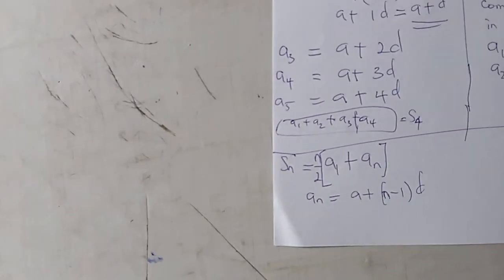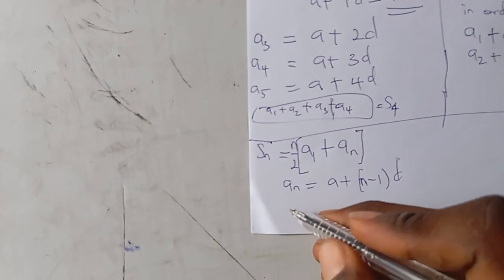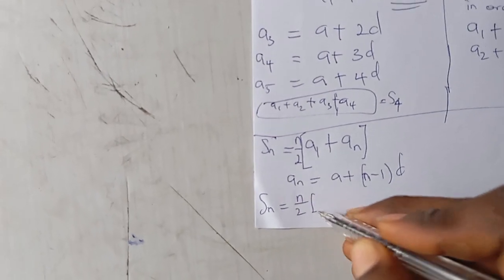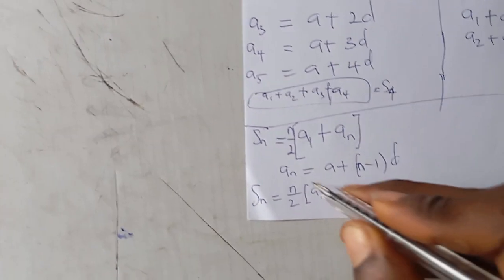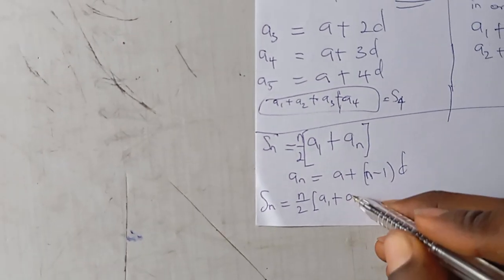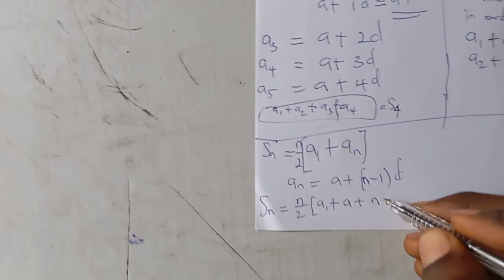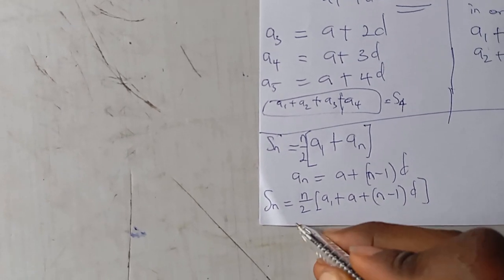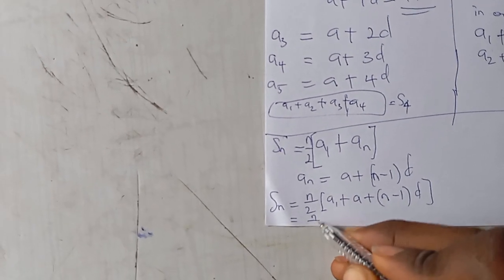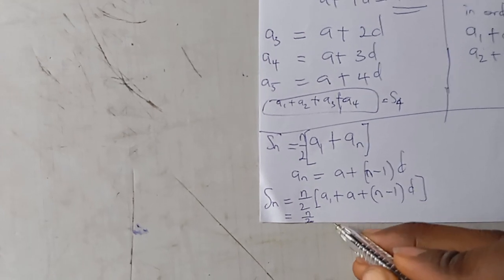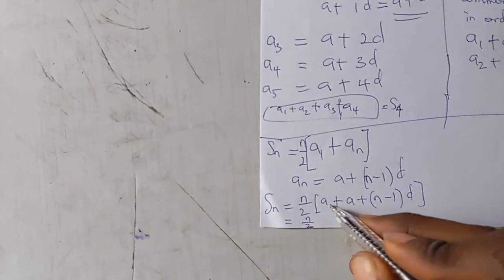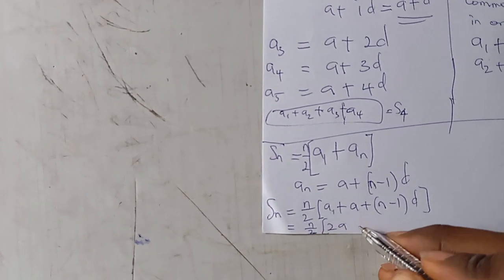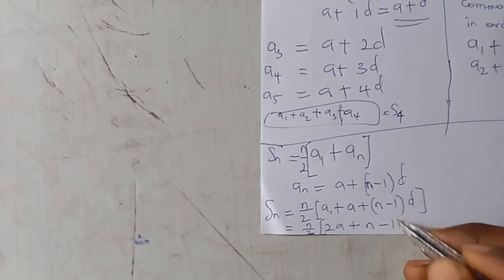So for that reason, Sn is equal to n over 2 into E1 plus, where we see En, we replace it with this value, E plus n minus 1 d. So if you simplify, this is n over 2, E plus E, E1 is the same thing as E, so you have 2E plus n minus 1 d.